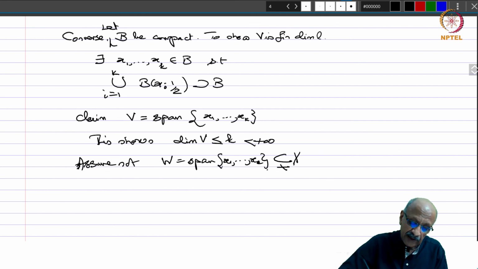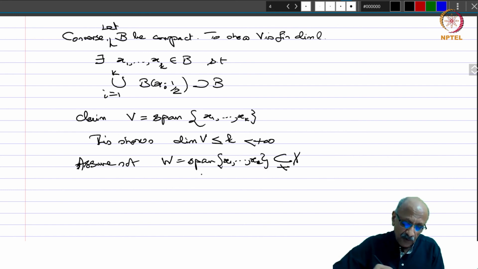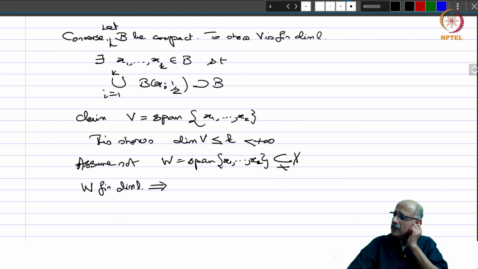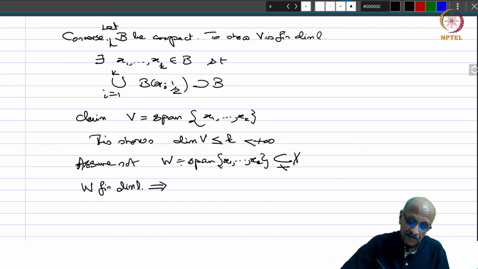So W is finite dimensional. What does it mean? On every finite dimensional space all norms are the same, and therefore every finite dimensional space is complete, and since it's a complete subspace of a normed linear space, it is closed.